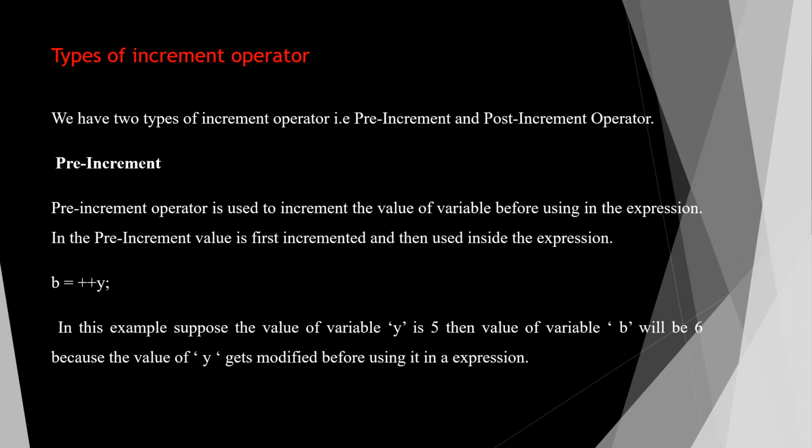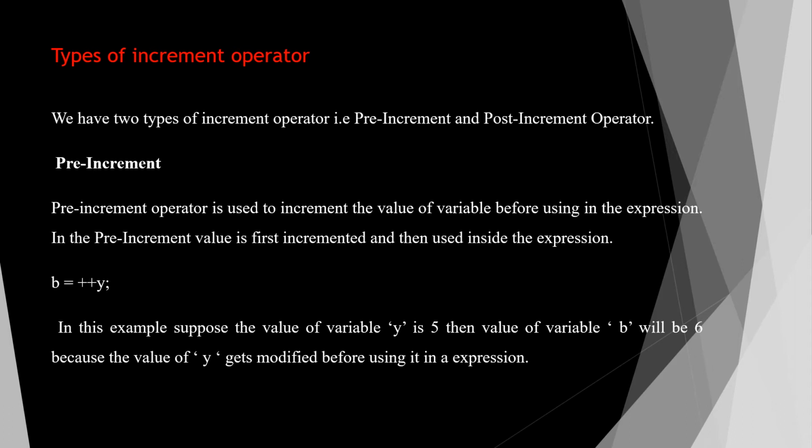What is a pre-increment operator? The pre-increment operator is used to increment the value of a variable before using it in the expression. In this operator, the value is first incremented, then used inside the expression.